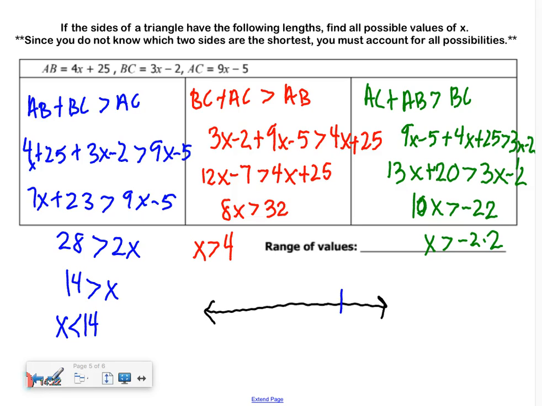So I'm going to put 14 somewhere over here. I have an open circle, and if I want numbers less than 14, is that to the left or to the right? To the left. So now we're going to go like this. So that's step 1.